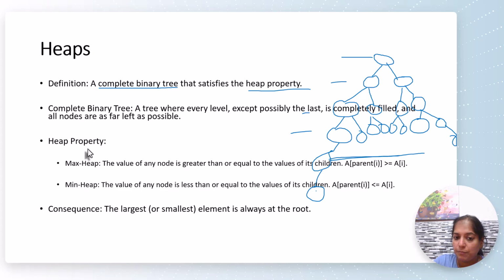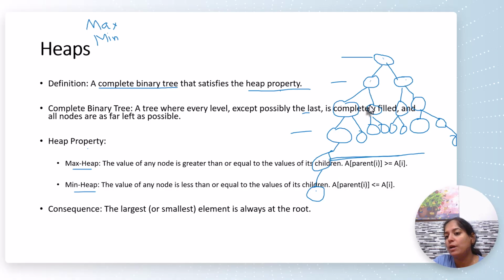Now the heap property. What do we mean by the heap property? We can have two types of heaps: max heap and min heap. A max heap is a heap where the value of the parent is greater than the value of both of its children.